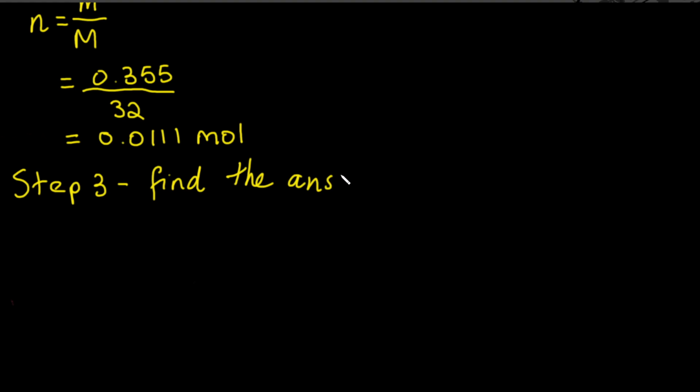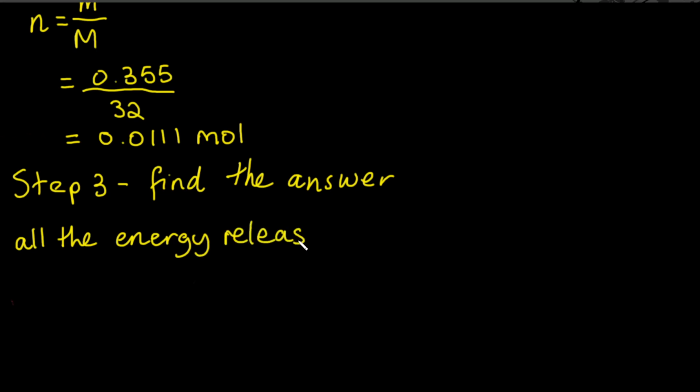So we have the amount of energy that the water has absorbed, and for this question, we're just going to assume that all the energy that was released by combusting the fuel is equal to the energy absorbed.